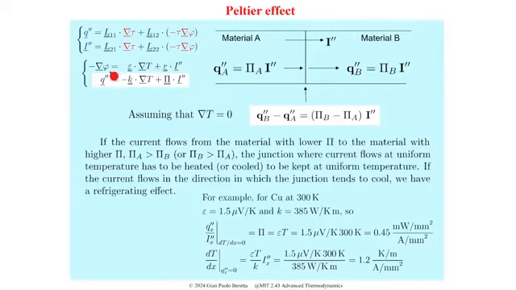But this equation also says that the heat QA is given by this, and here I have another heat which is given by this, and it's different because the Peltier coefficient of B is different from that of A. So there is a jump here in the heat flux.